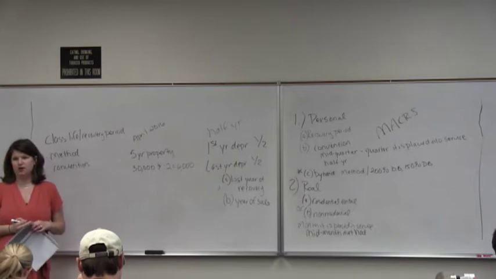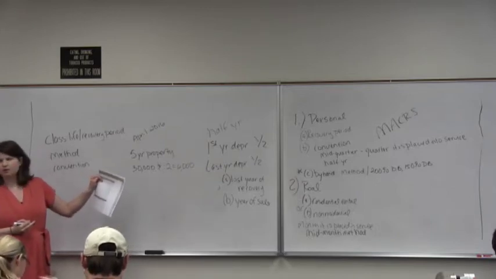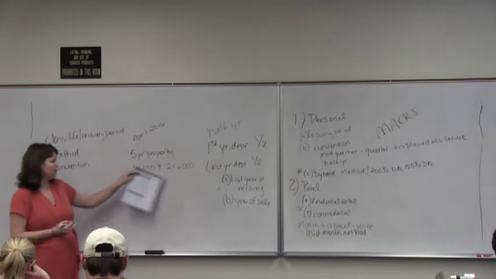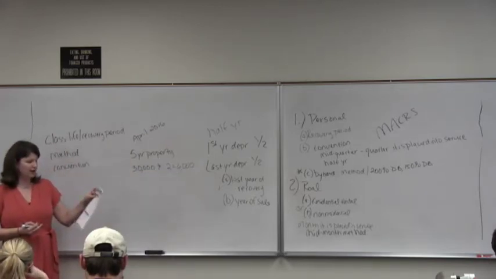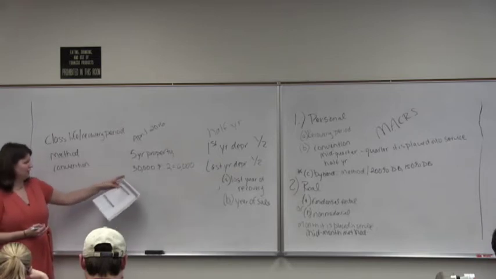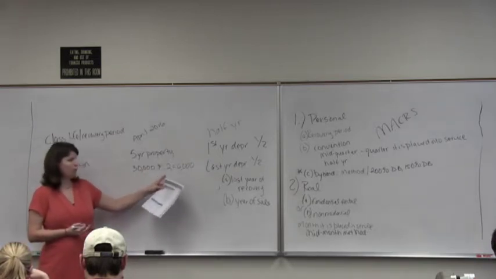That's it. You take the little number that it tells you in the column and you multiply it times your basis. If you were calculating it in the second year, you would take $30,000 times 0.32.